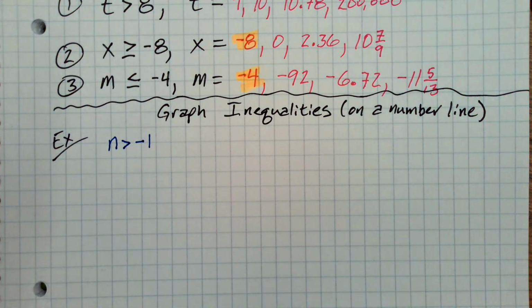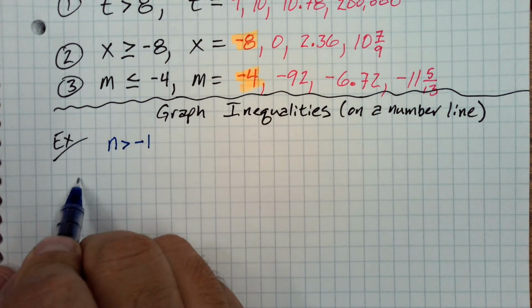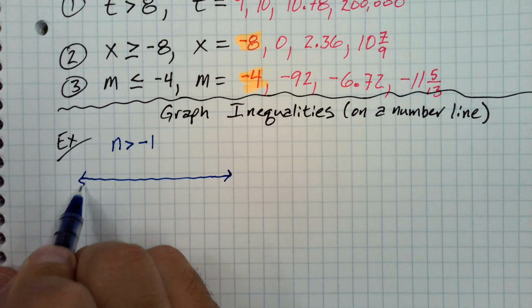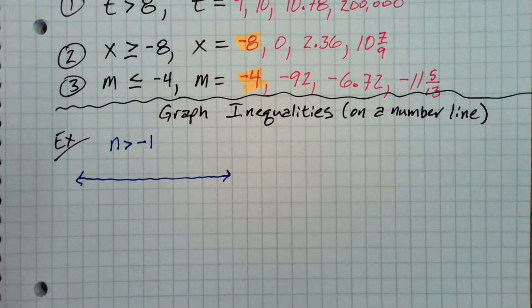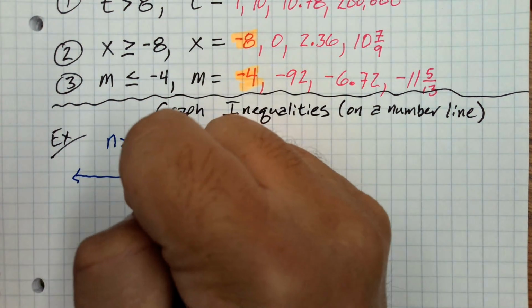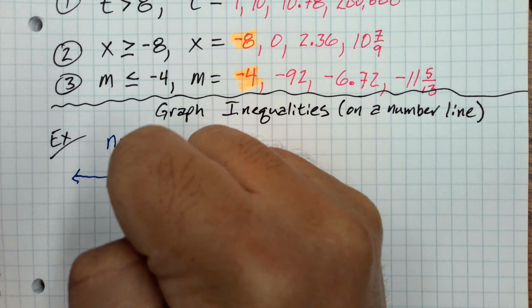So I got to make a number line. So let's start with that. And there's one very important number I have to have, or else this number line won't make sense. And that's this number here, -1. So I call that the star of the show.